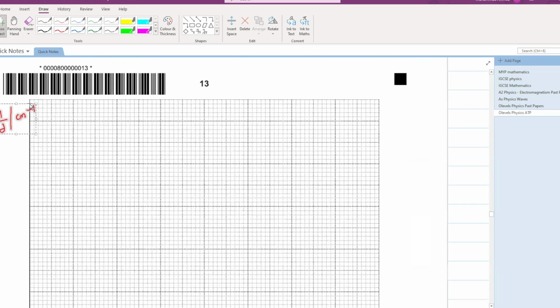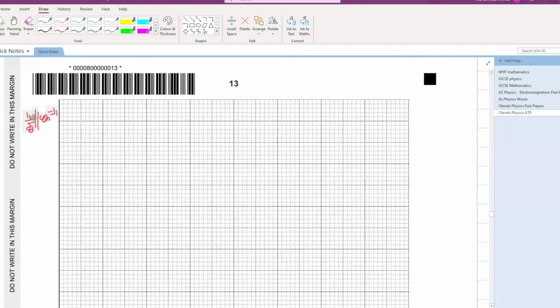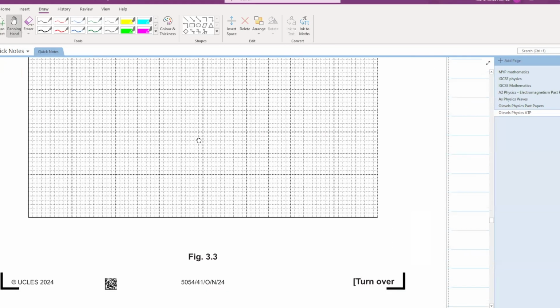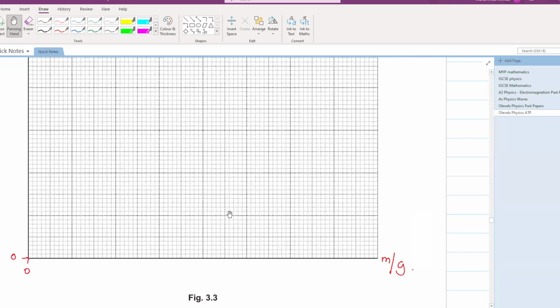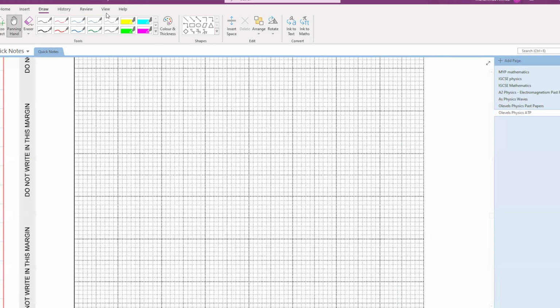You can make it smaller and put it anywhere else. Now, on the x-axis, you can mark the mass slash grams. Simple. Now, the examiner has already told you that you have to start your axis from the origin, 0 and 0. Perfect. Now, how will you plot the complete scale?